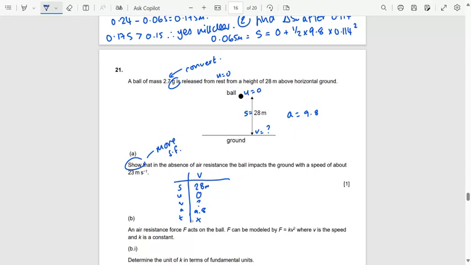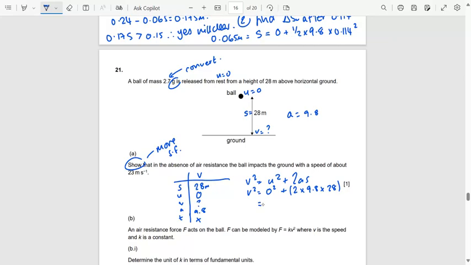We don't have T. So now I'm going to look at my kinematics formulae, which I'm starting to get used to because I'm using them a lot. I am going to use V squared equals U squared plus 2AS. So V squared equals 0 squared plus 2 times A times 28.